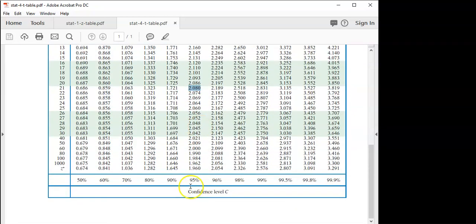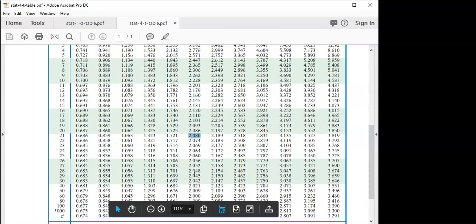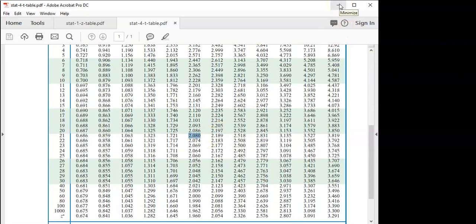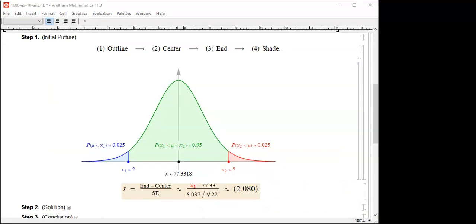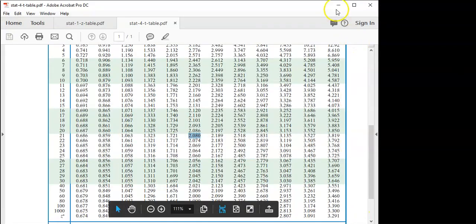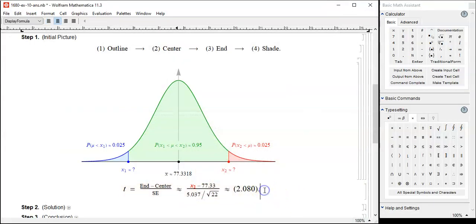Also, you can start from down below, 95% confidence level, and then you can go up to the degree of freedom of 21. Either way, you're going to get 2.080. Let me check that again. Yes, that's correct. And then from here, you can find out what x2 is.